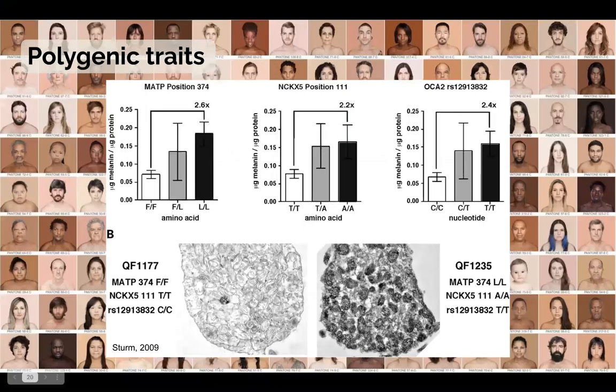Okay, so kind of coming back around, we'll see some examples of human pigmentation. I think this is a topic of interest to people and also one that has a lot of interesting genetic tie-ins. This is from a study that shows the relative contribution of a variety of genotypes to pigmentation.